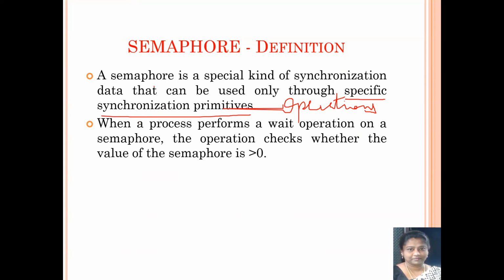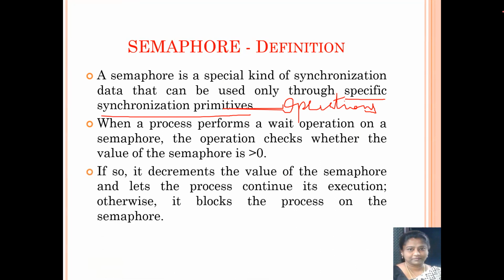We can do two operations, and one of them is the wait operation. Whenever a process performs a wait operation on the semaphore, it will check whether the value of the semaphore is greater than 0.